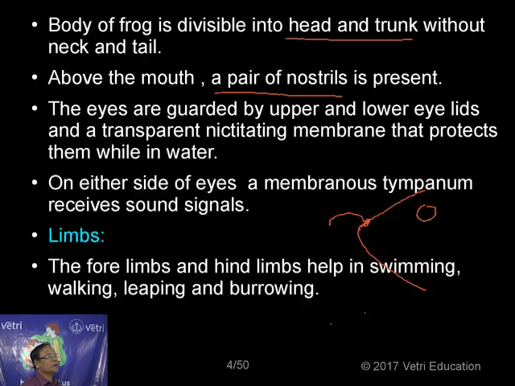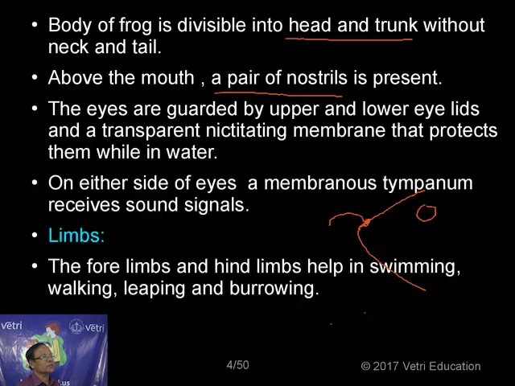Now we have a pair of eyes present laterally. Each eye has an upper eyelid and a lower eyelid, which are immovable. Connected to the eyelid, we have a membrane called the nictitating membrane. It can be drawn over the eye. Normally it is a continuation of the lower eyelid.